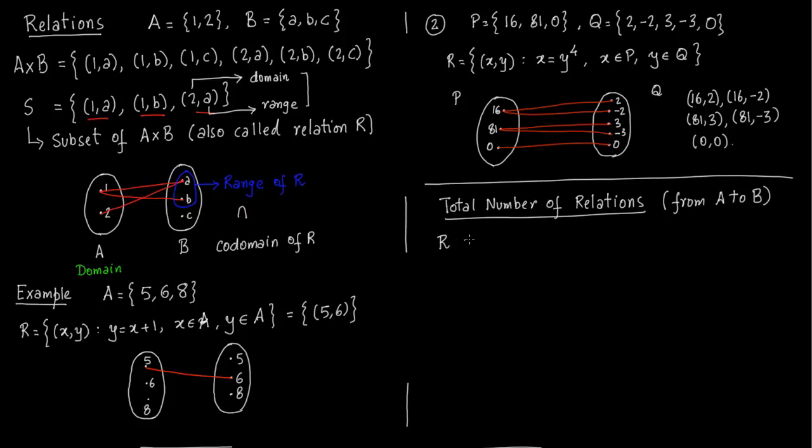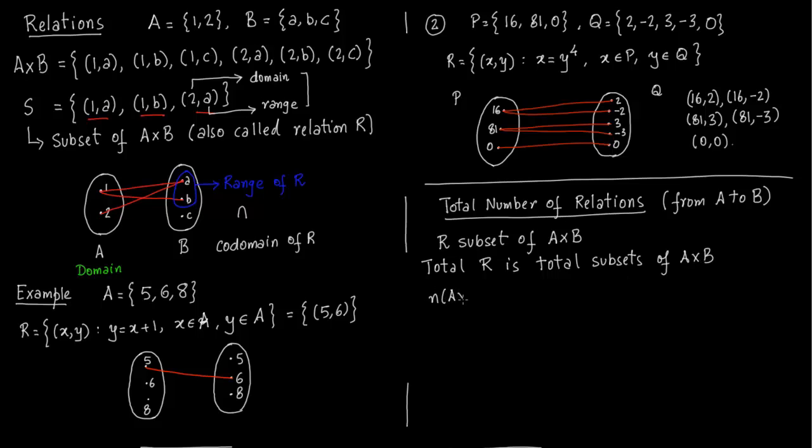So the total number of subsets of a Cartesian product will give you the total number of relations. You could form any number of relations on the Cartesian product, because a relation is nothing but a subset of the Cartesian product. So the total number of relations is the total number of subsets.